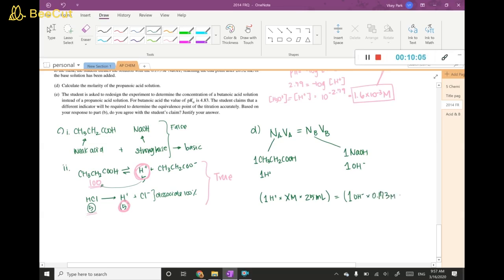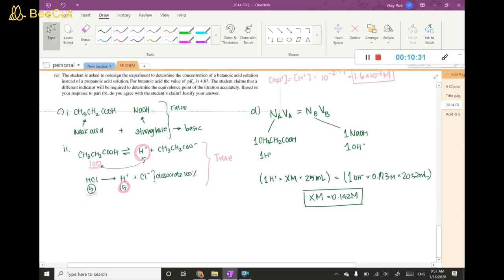That is the molarity times, and what is the volume when it reached equilibrium? It was 20.52, right? 20.52 milliliters. Okie dokies. So what is the new molarity? Okay, it was 0.142. So I need 0.142 molarity of propanoic acid to reach equilibrium.